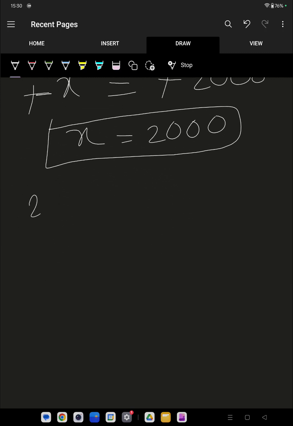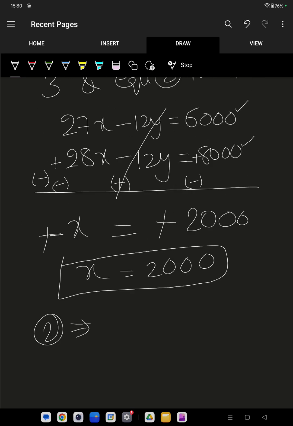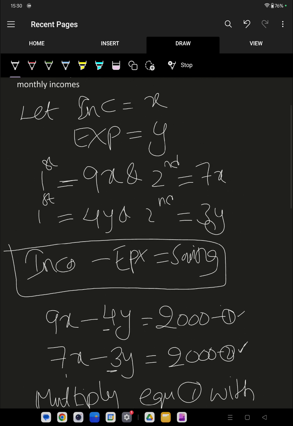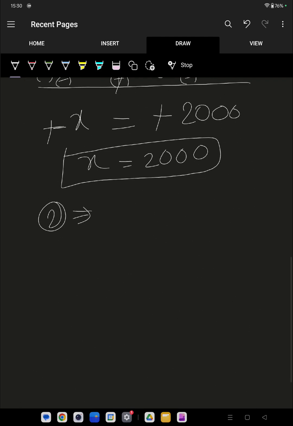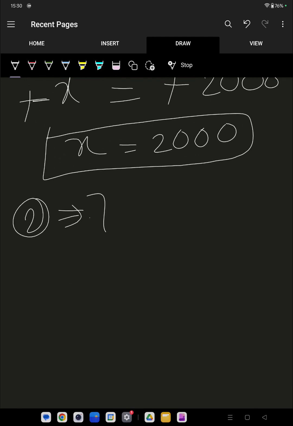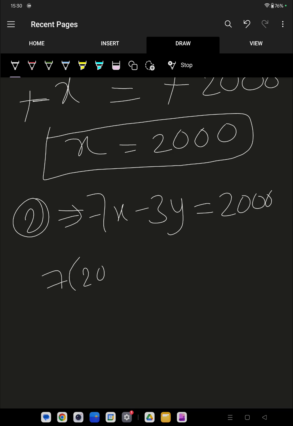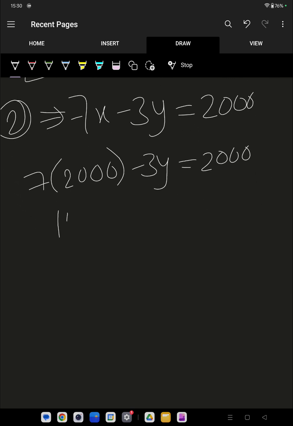Now I want to find the y value. To find the y value, I'll substitute the x value in any one of the equations. I'll substitute in equation 2. Equation 2 is 7x minus 3y is equal to 2000. 7 into 2000 minus 3y is equal to 2000. 14,000 minus 3y is equal to 2000.